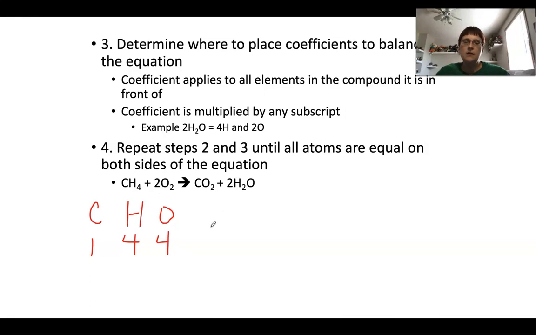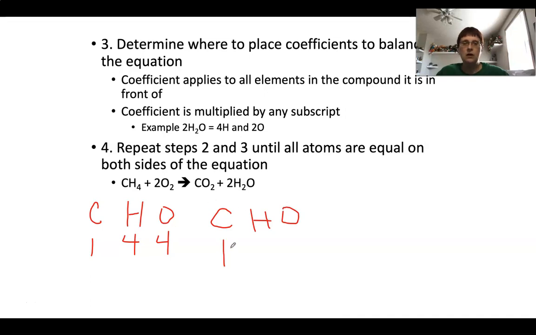If we put a 2 here, that makes it 4 oxygens. So I need to do something to change the number over here. I also could have gone for the hydrogens first, which I know I need 4 hydrogens. So I could have made the 4 hydrogens there. So we look now by putting a 2 in front of the water.